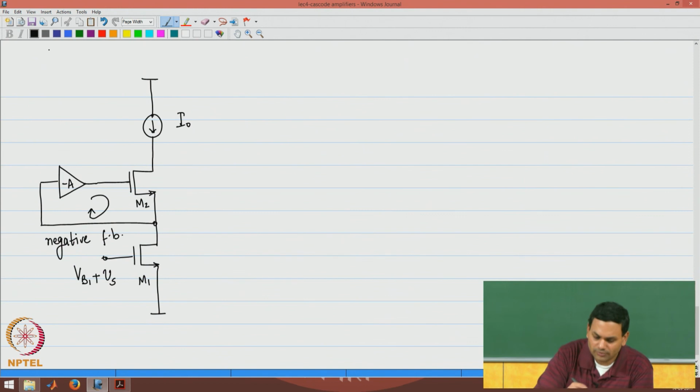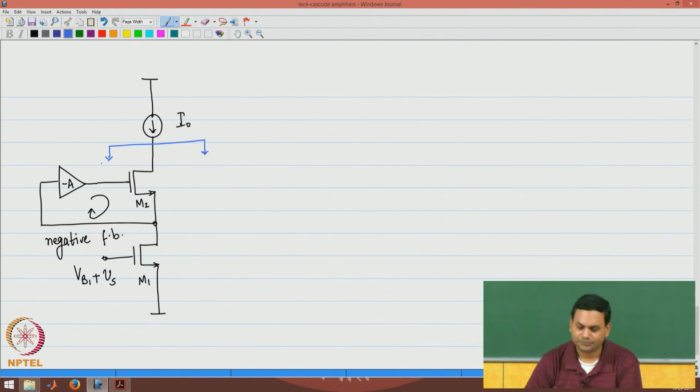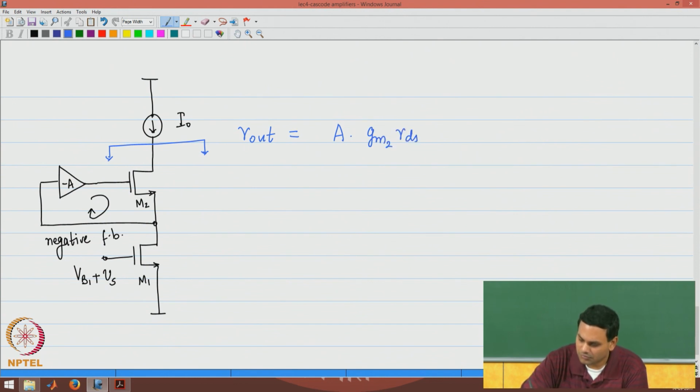As it turns out, this particular circuit has an Rout which is equal to A times GM2 RDS2 times RDS1.